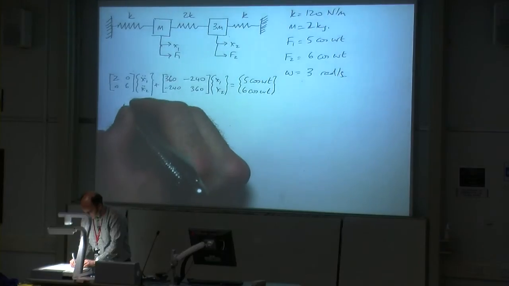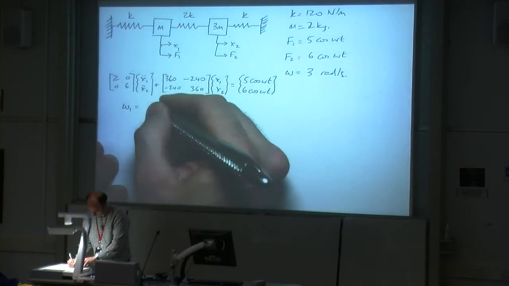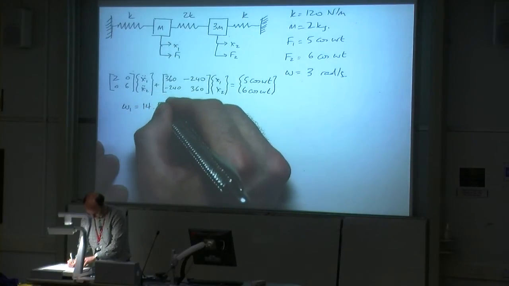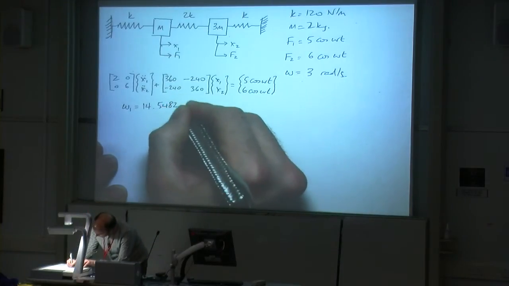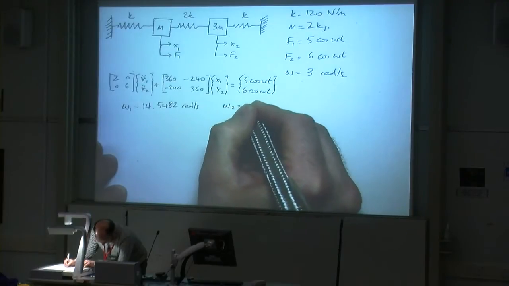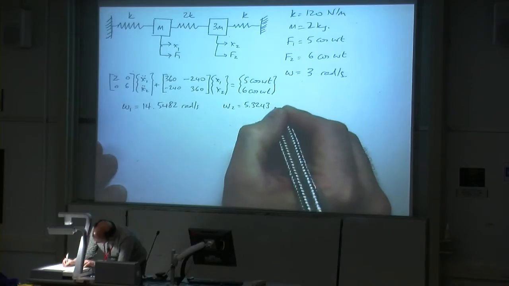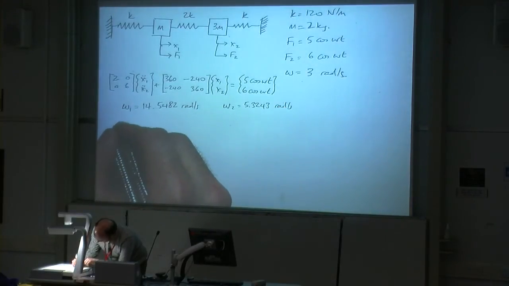Natural frequencies, like I said, are given to you. I've done steps 1, 2 and 3 of multiple degrees of freedom problems for you. Omega 1 is 14.5482, this is given in the question. Omega 2 is 5.3243 radians per second. And we've got the mode shapes, x1, x2.